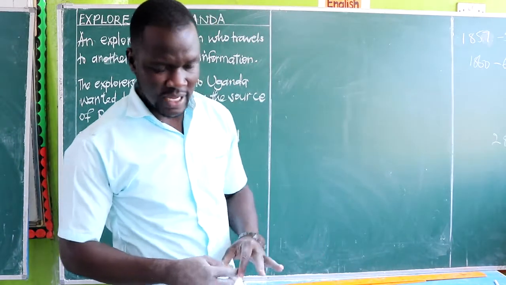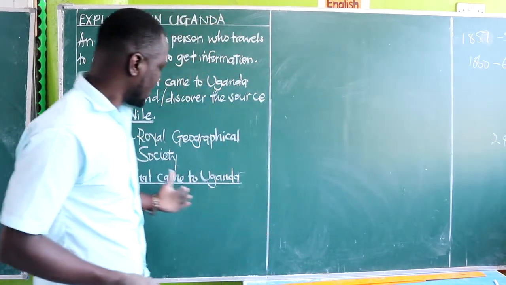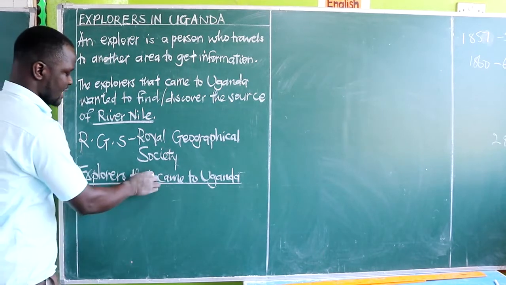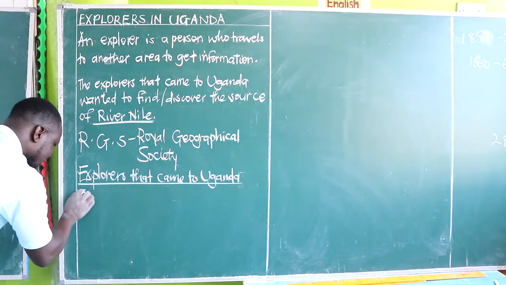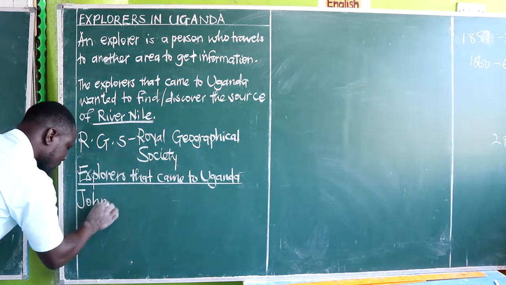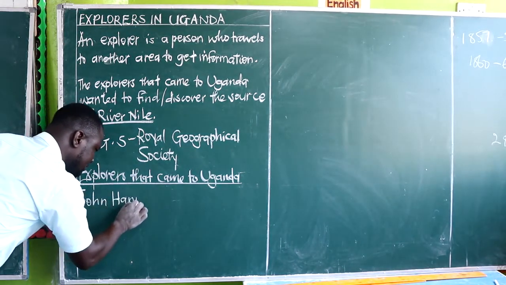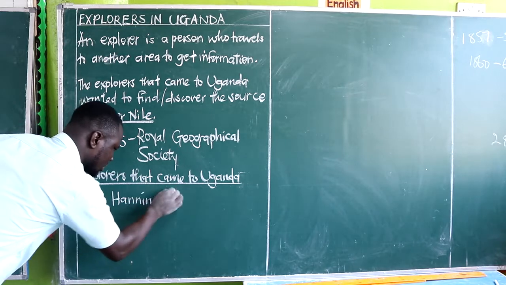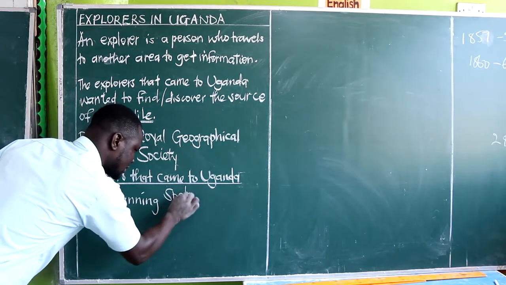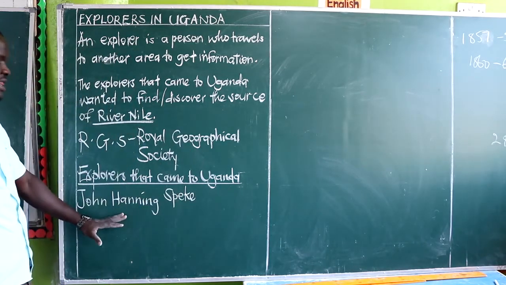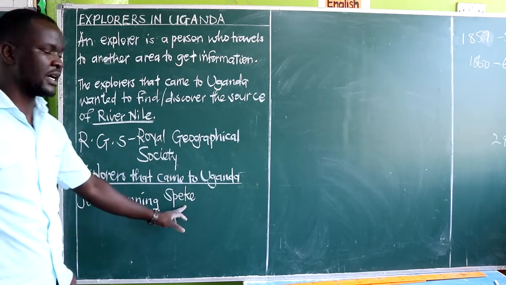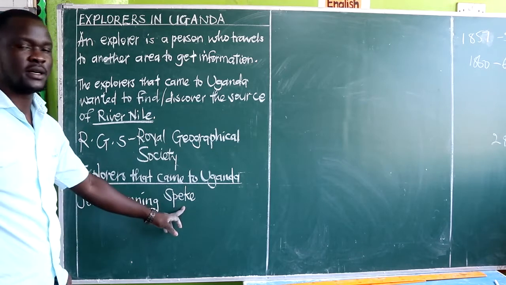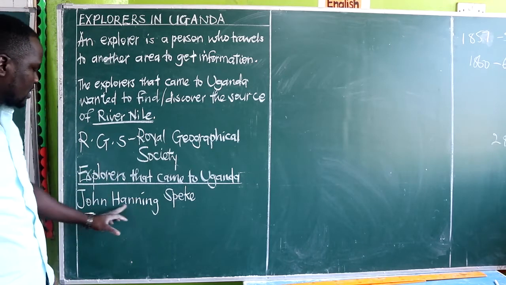Therefore, we are not going to be adding those ones here. But the ones that entered Uganda are the ones we are going to write down. One, we are going to have John Hanning's Peak. This is the one that we always write in short, say John's Peak. So we are having his full name, John Hanning's Peak.